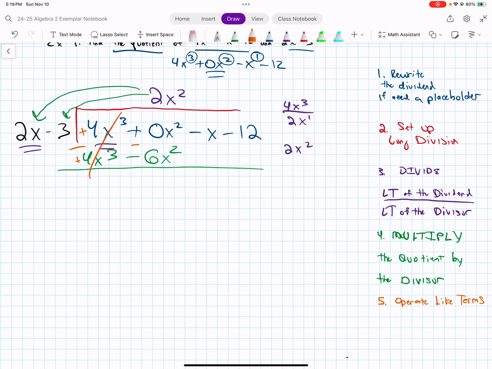What I do to one setup, I do to the other. So 0 minus negative 6x squared, subtracting a negative, so I add. 0 plus 6x squared is going to be 6x squared. And then I'm going to drop down the unused terms.